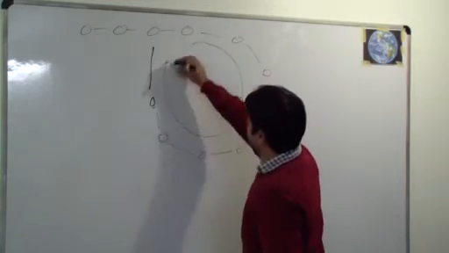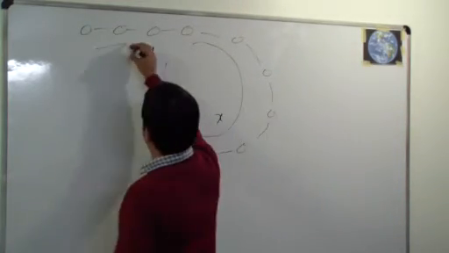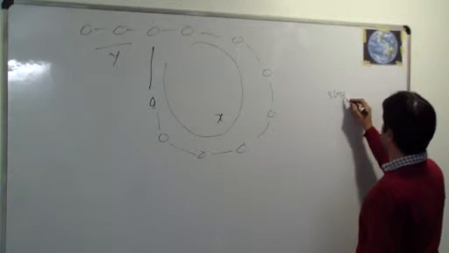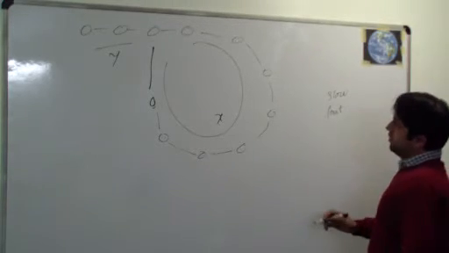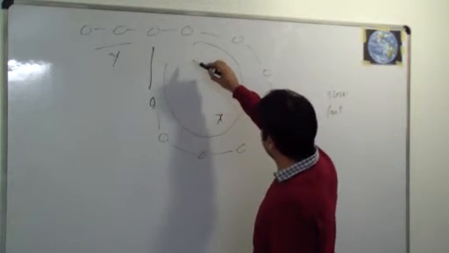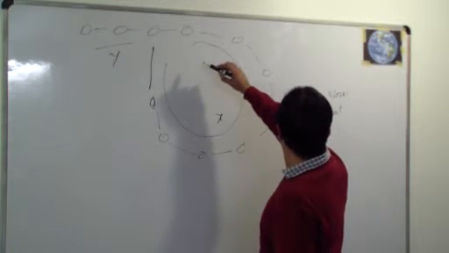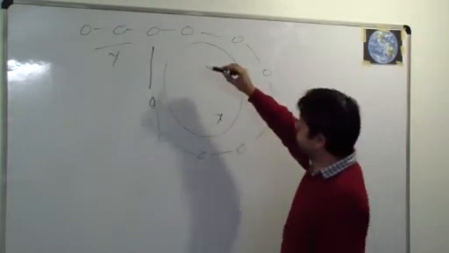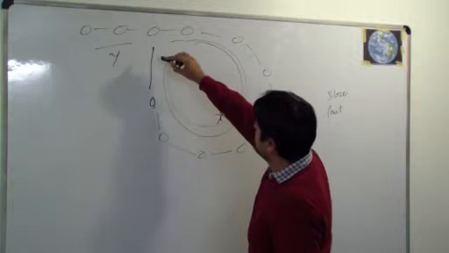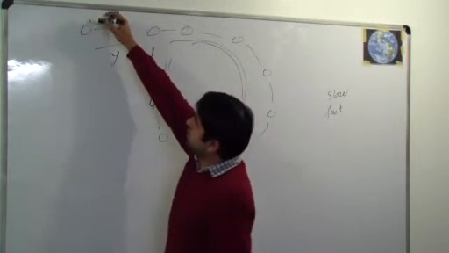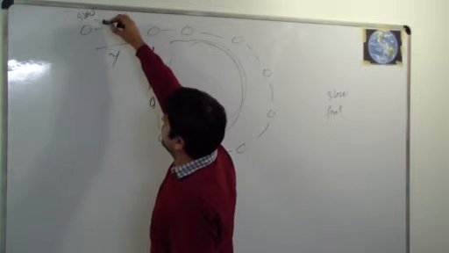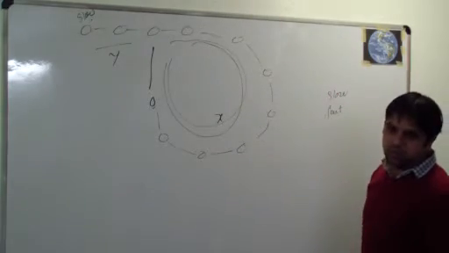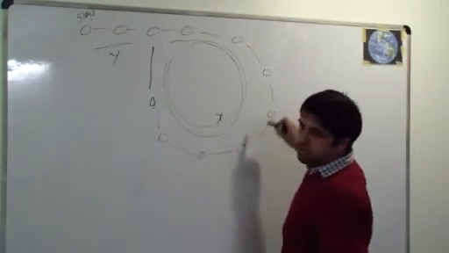Okay, so let's say this is x and this is y, and we have two pointers, one is slow and the other is fast. When slow moves x, where will it complete the x nodes?